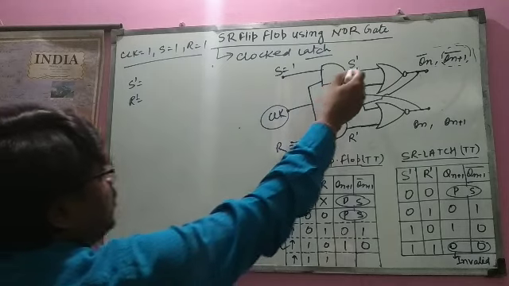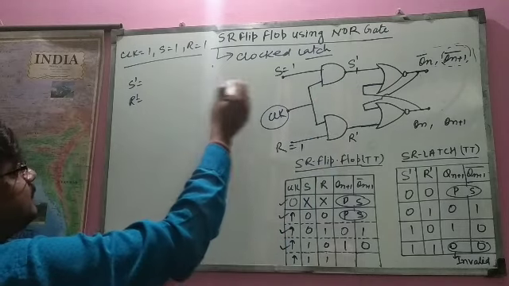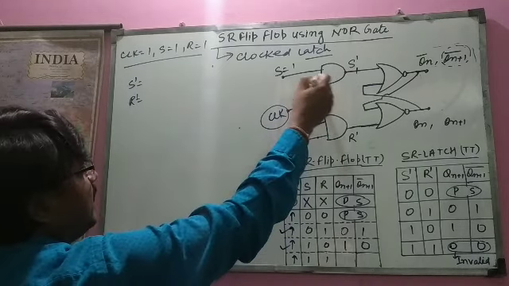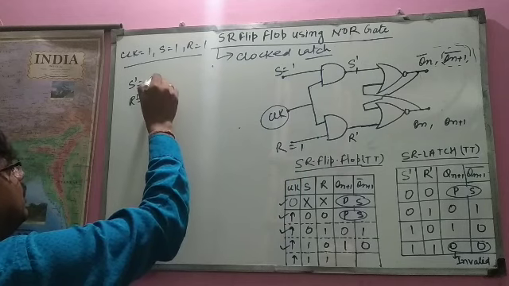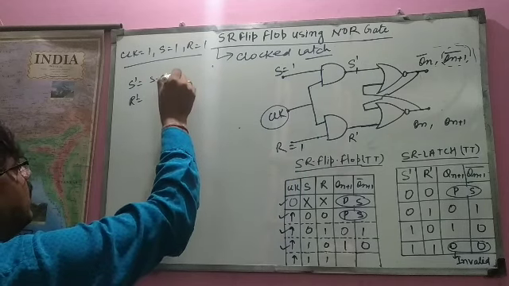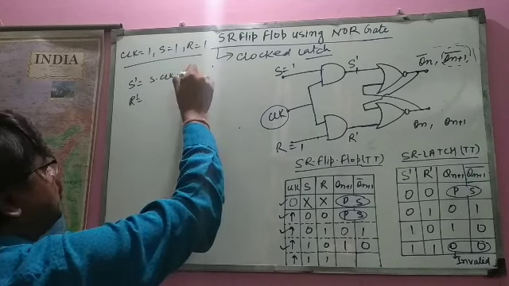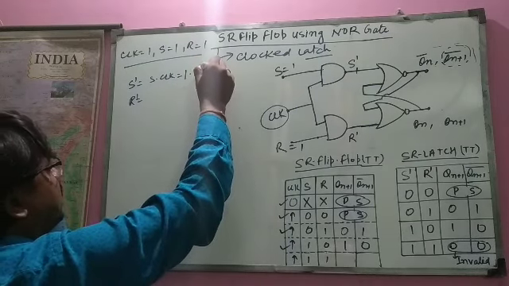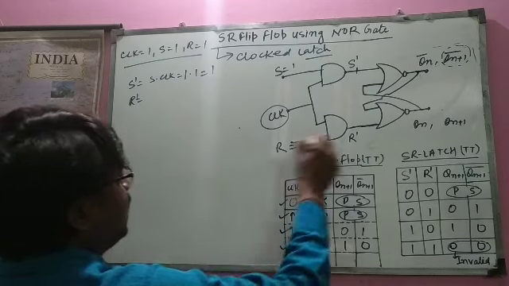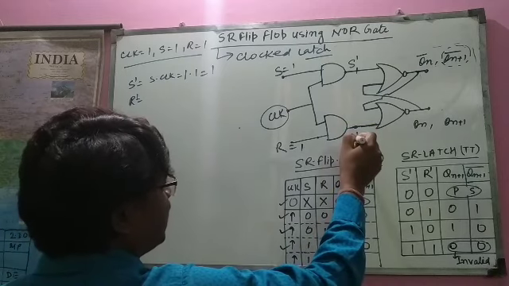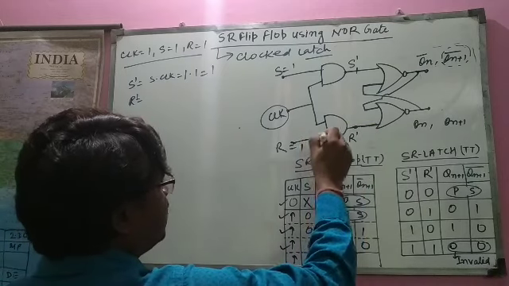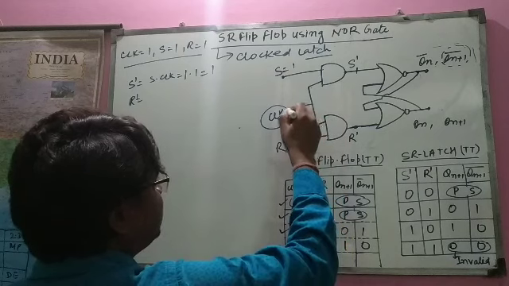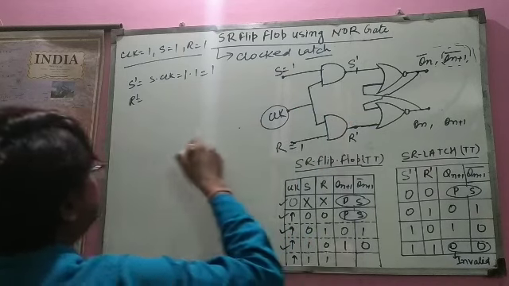What will be the value of S dash? S dash is the function of this and this, so S into clock. What is the value of S? This is 1. And what is the value of clock? This is also 1. It will be 1. And what will be the value of R dash? R dash will be this into this. This is 1 and clock is also 1, so it will be 1.